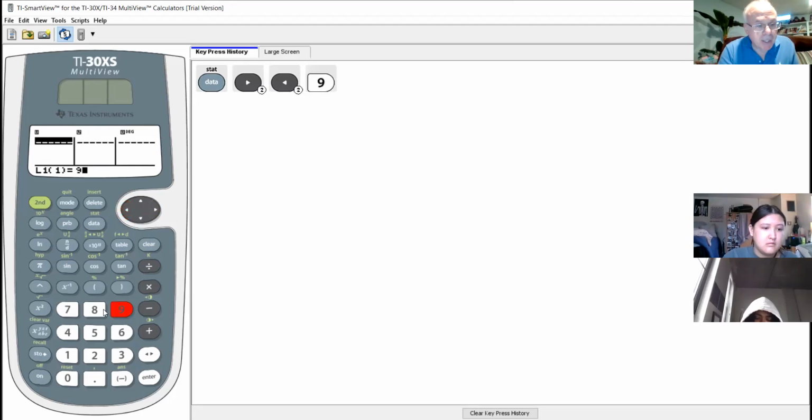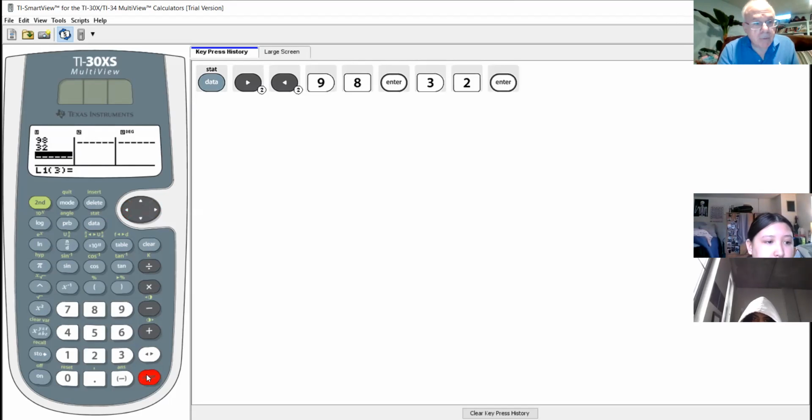Let's say just type in 98 and hit enter. Right. So it enters it in the first column, list 1 and row 1, and then it takes you right to row 2, and then you can enter your next number. Hopefully no more explanation is needed for that.